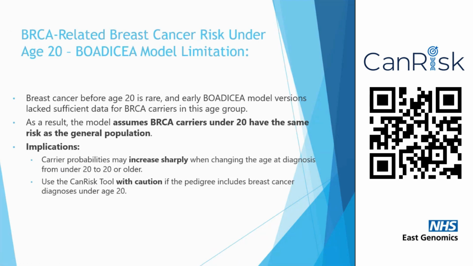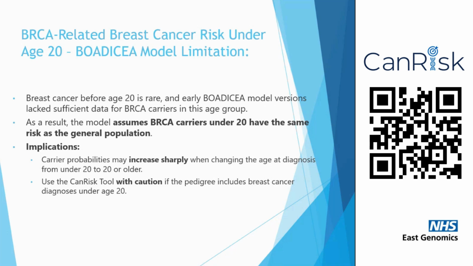So when we're using CanRisk, another potential pitfall that you can run into is that it excludes all breast cancers before the age of 20. It's very, very rare to get a breast cancer before the age of 20, but if you've got a breast cancer in an 18-year-old and you've added that into CanRisk, beware that it won't take that particularly into account when you're doing calculations.